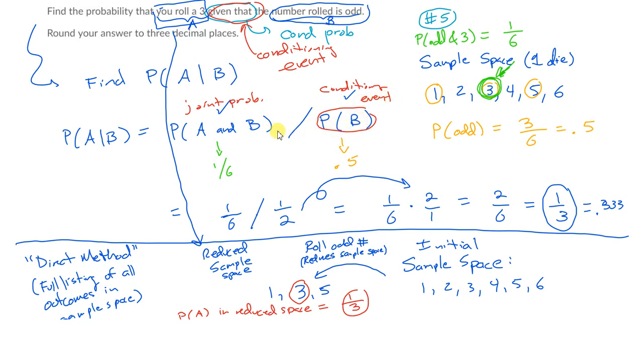That's the formula version, or you can use the direct method, which uses the conditioning event to reduce the sample space and then directly computes the probability within that smaller sample space. Both should give you the same result. When can you use the direct method? When you have a full listing of all outcomes in the sample space, and it's not too crazy of a listing. If you have thousands of things in it, then you might want to use the formula method instead. All right, cool.